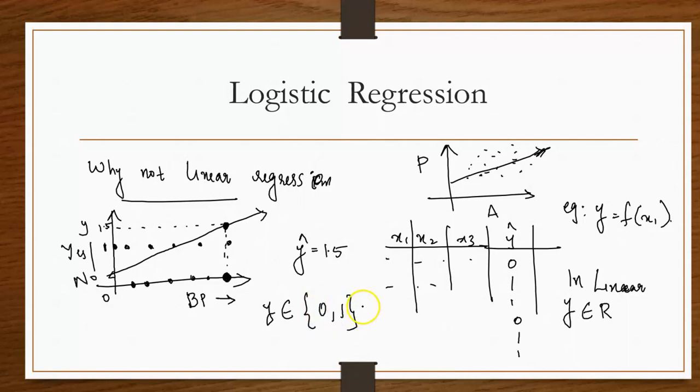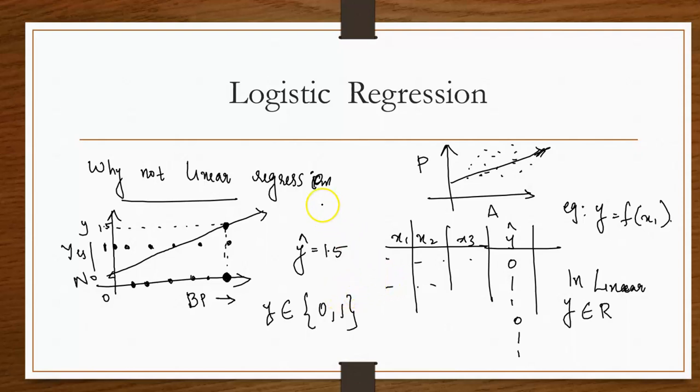So the line of best fit does not make any sense in the case of logistic regression, because the output is not continuous. It can take only 2 values, either 0 or 1. That's why linear regression fails in this case, and we apply logistic regression for classification.